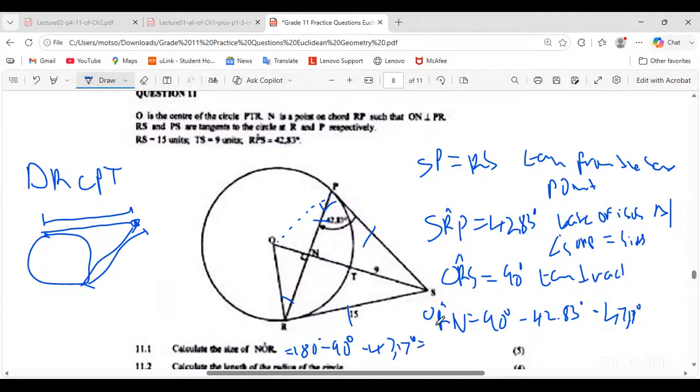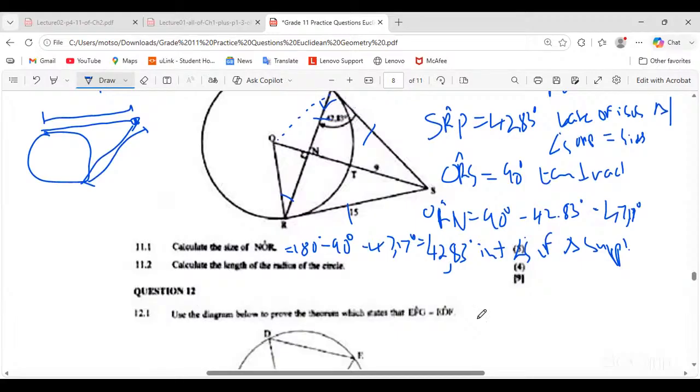I get 42.83 degrees. The reason being interior angles of a triangle are supplementary.